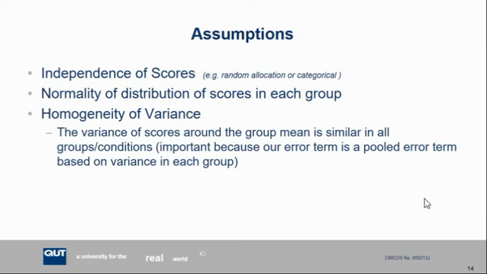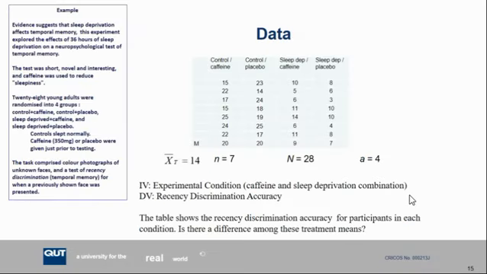Okay, so homogeneity of variance is a key assumption of our ANOVA. So let's have a little look at an example now. So, evidence suggests that sleep deprivation affects temporal memory, and this experiment explored the effects of 36 hours of sleep deprivation on a neuropsychological test of temporal memory. The test was short, novel, and interesting, and caffeine was used in some conditions to reduce sleepiness.